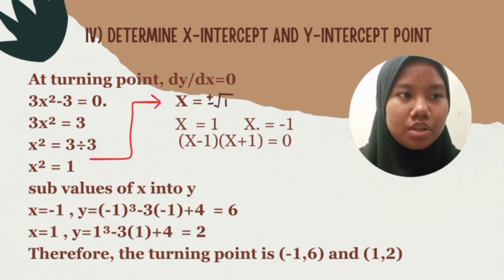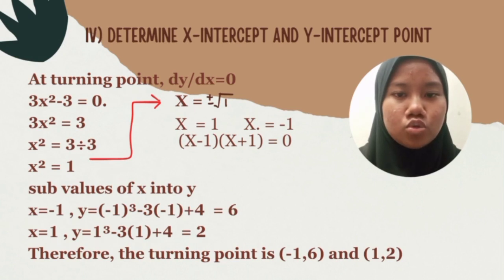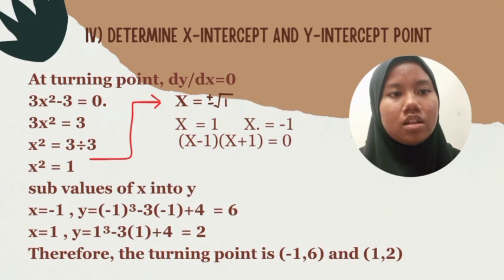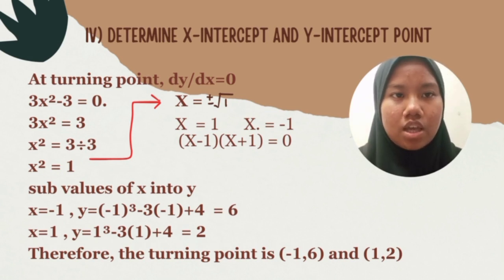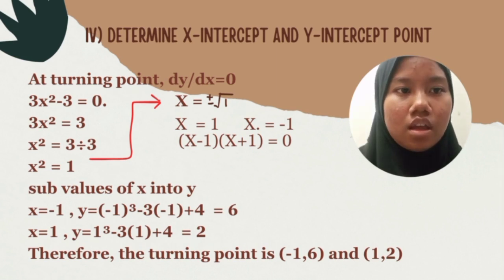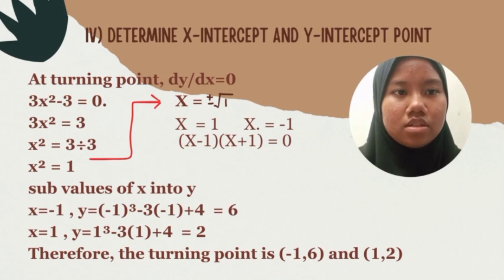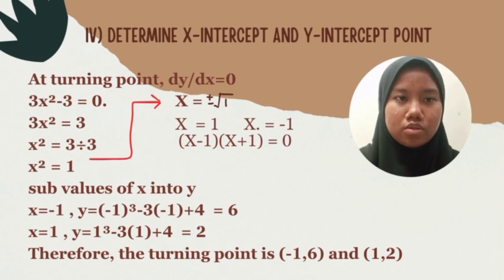Then x equals plus or minus the square root of 1. The first x will be equal to 1, and the second x will be minus 1. In the first bracket, x minus 1, and the second bracket is x plus 1, equal to 0.